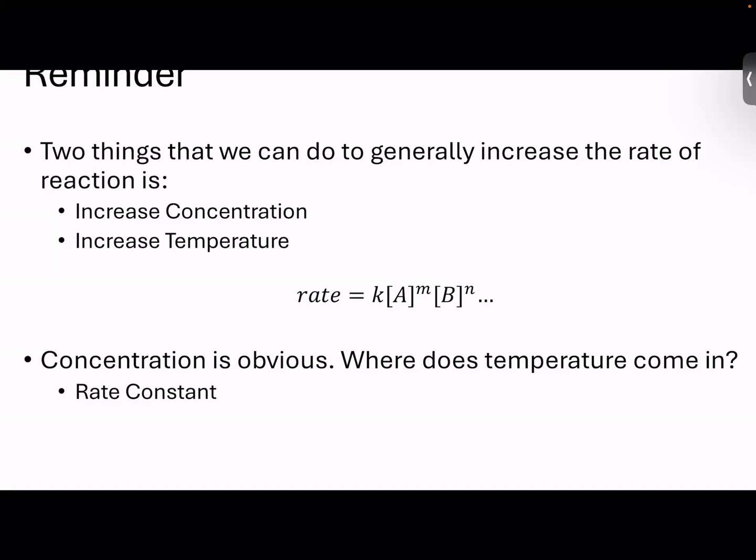So 2 things that we generally can increase, and I say generally because typically if you increase one or both of these things, you're going to increase the rate of the reaction. Rarely does a reaction not behave, but it does happen. So 2 things that we can do to generally increase the rate of the reaction is we can increase the concentration and we can increase the temperature.